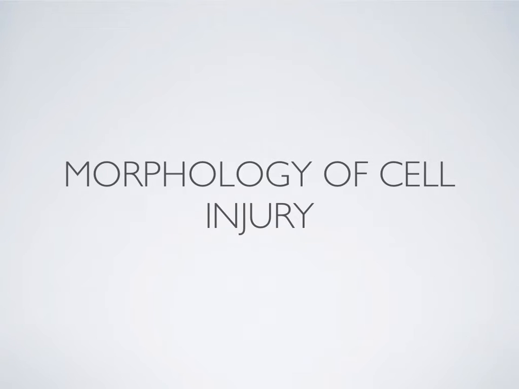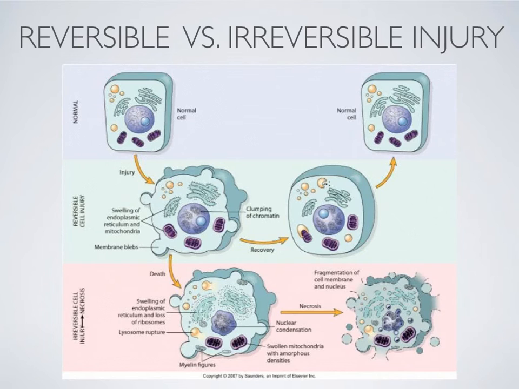All right, so let's take a look at some of these changes that are going on with injury and death. And I first want to compare what you might see in a cell that's undergone reversible injury versus signs that the cell has crossed that threshold and is now irreversibly injured, meaning it can't go back, it's going to die. So what are the things you might see with reversible cell injury? You can kind of see here, this cell is swollen.